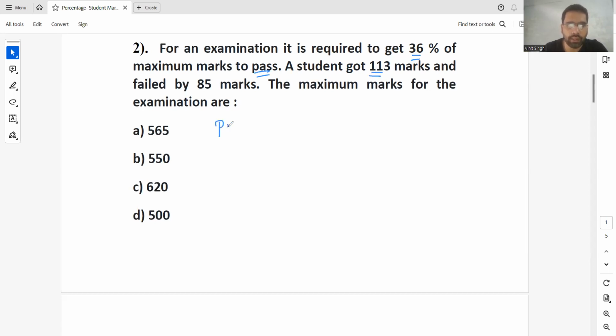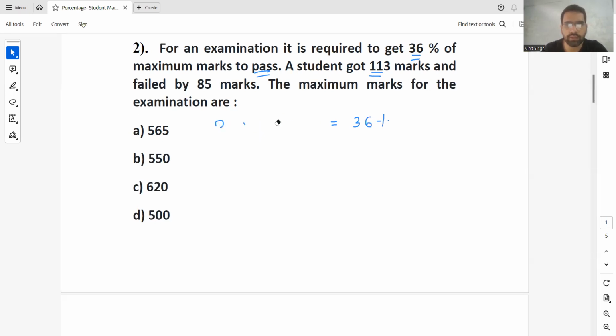Now the passing percentage is 36%. Here the percentage is given.